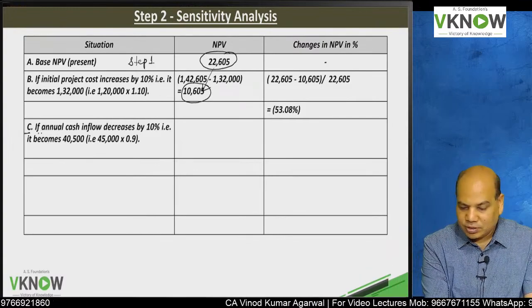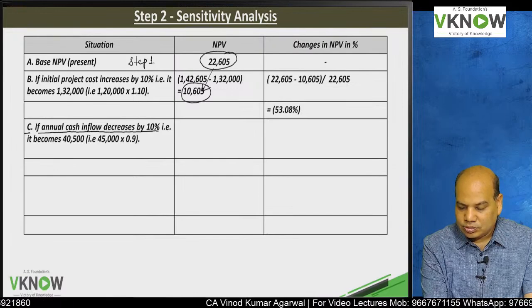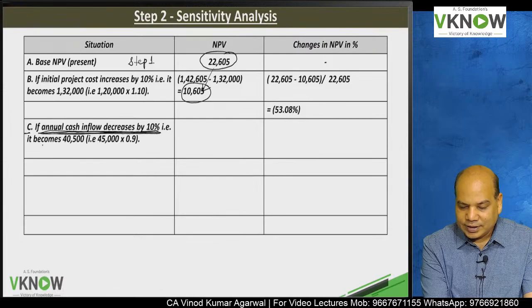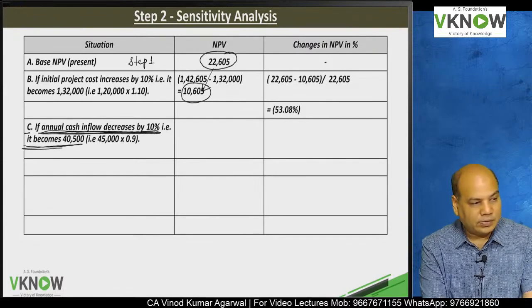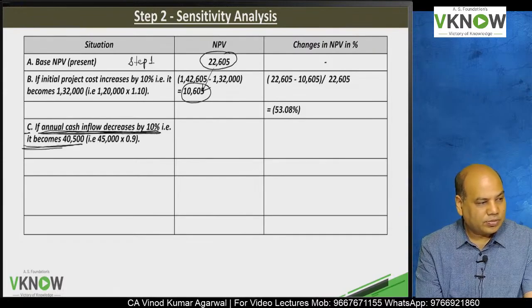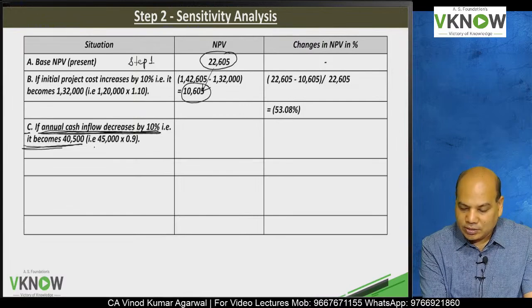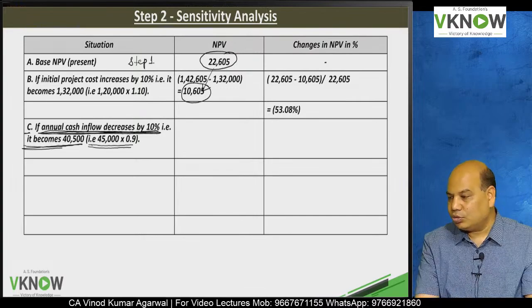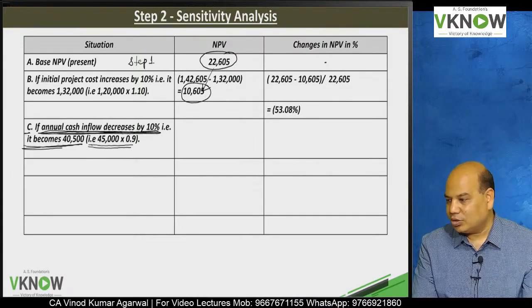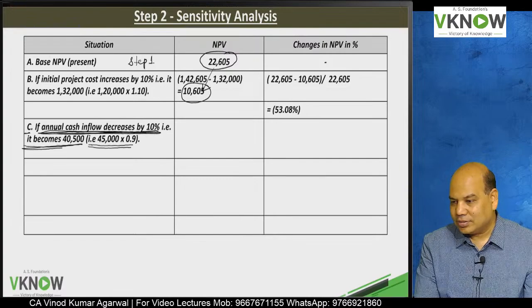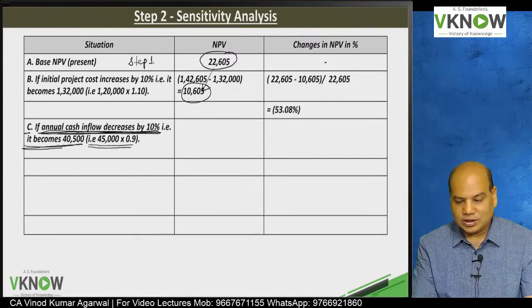Point number C: if annual cash flow decreases by 10%, that is, it becomes 40,500. Why? In bracket, 45,000 into 0.9, or you can say 45,000 minus 10%.